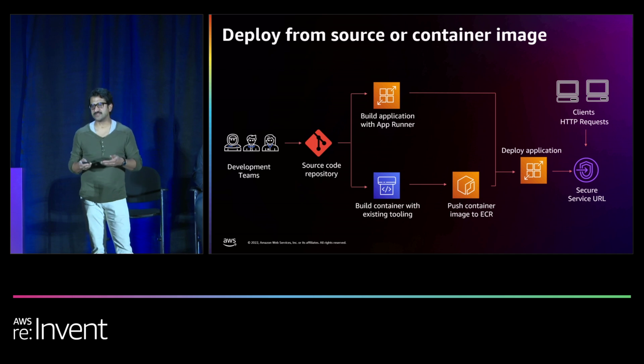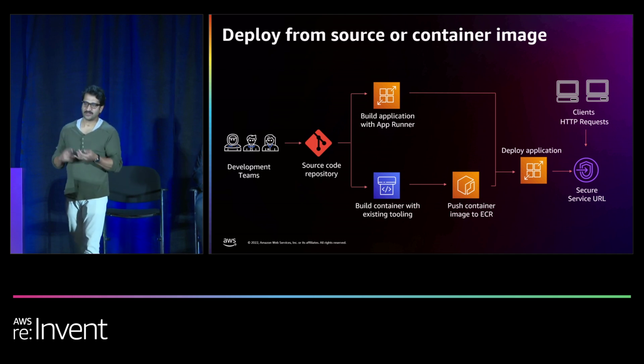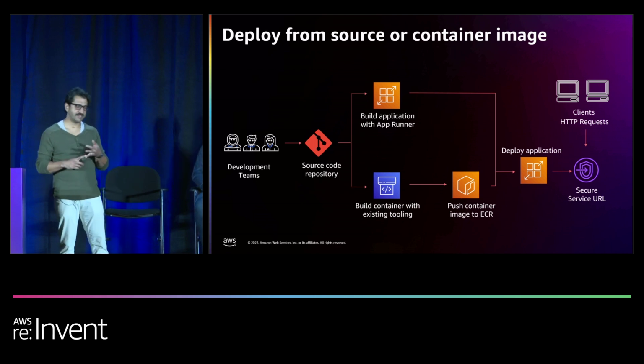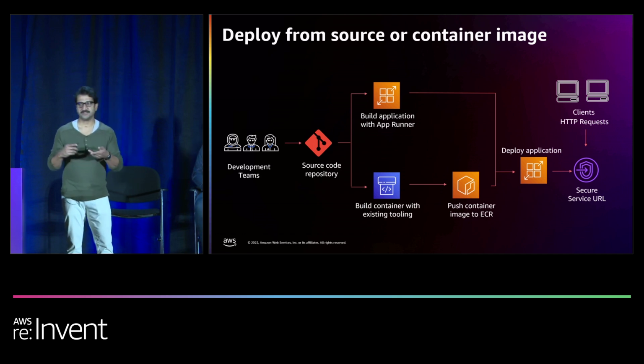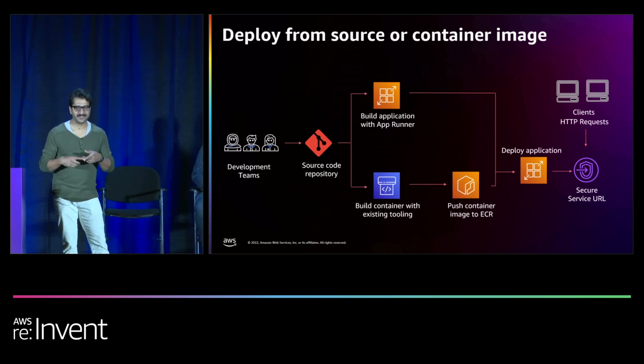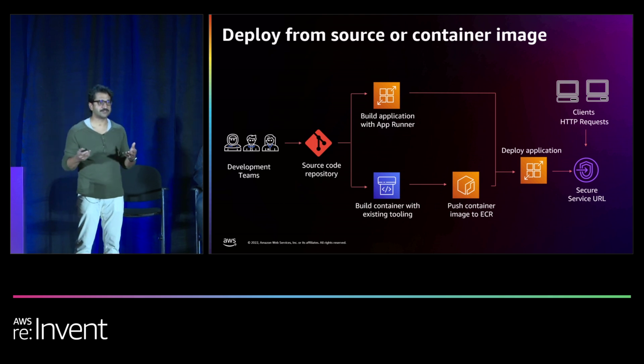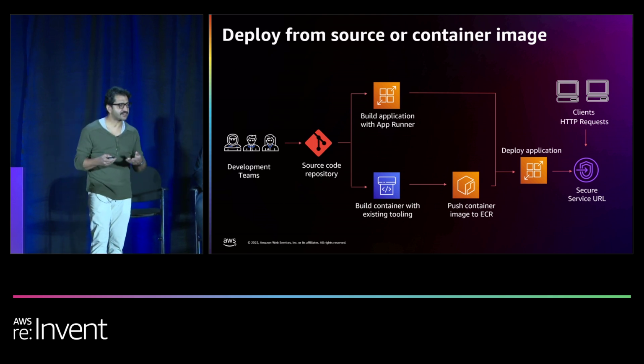We have a number of runtimes supported today, all of the popular ones like Python, Node.js, Java. I'm sure I'm missing a few of them, but they're all managed and maintained on your behalf. The second option is to use typical container tooling. You're used to writing a Dockerfile, and you can push that container image straight into ECR, and from there we'll deploy that on your behalf.